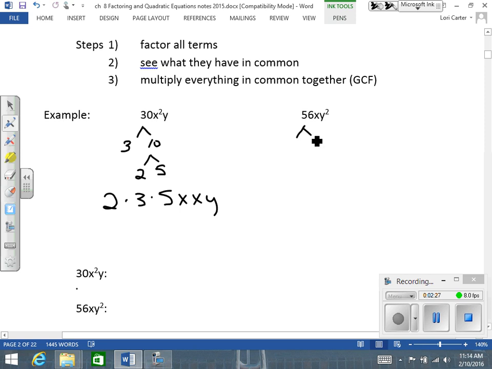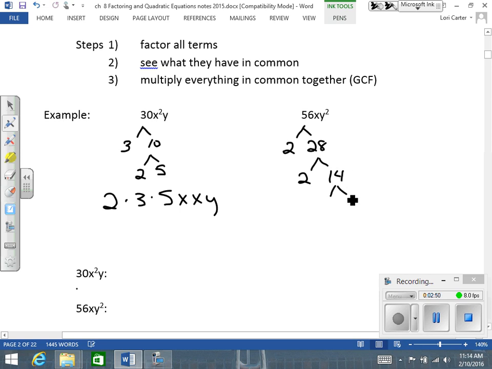Okay, what's 56? 28 and 2. I always start with the prime numbers on the side and work down. It's just a force of habit. So I do 2 and 28. And then since that's even, I do 2 and 14.